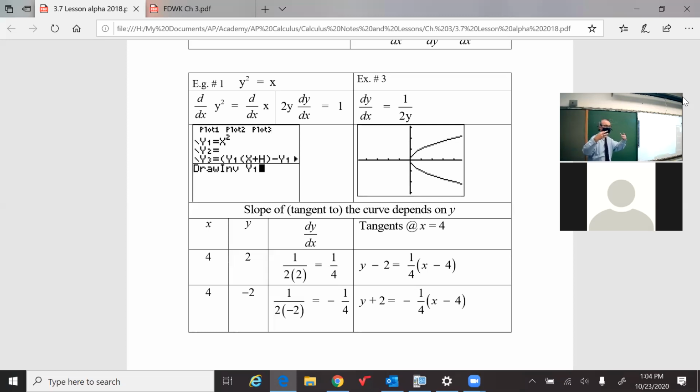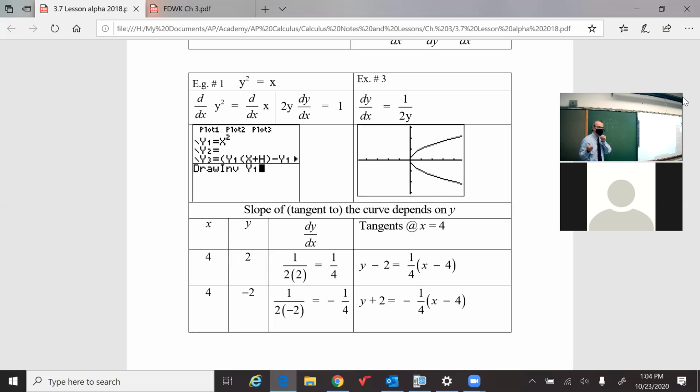Okay? But that is a function. It passes the vertical line test. So if I put a 4 in here, if I go 4 to the right, you would go up 16 on the curve. And the slope would be an 8.